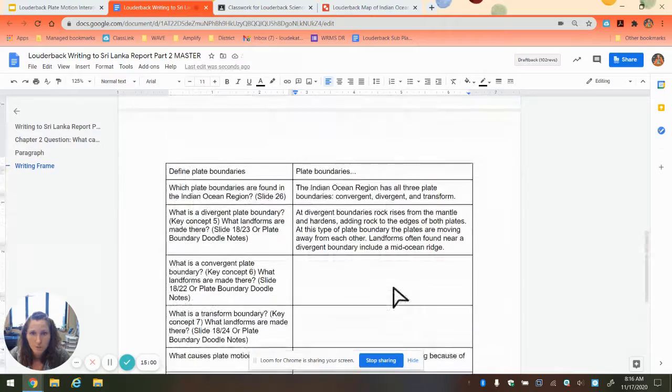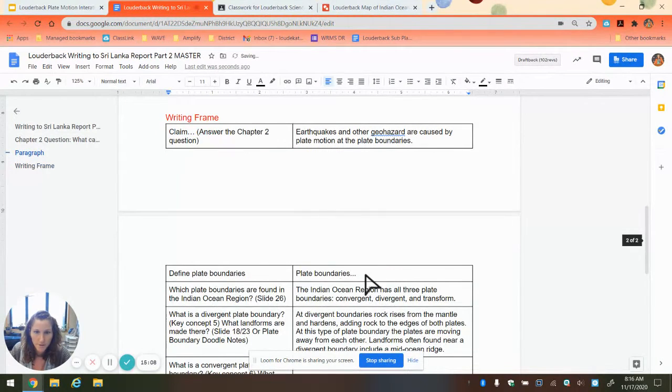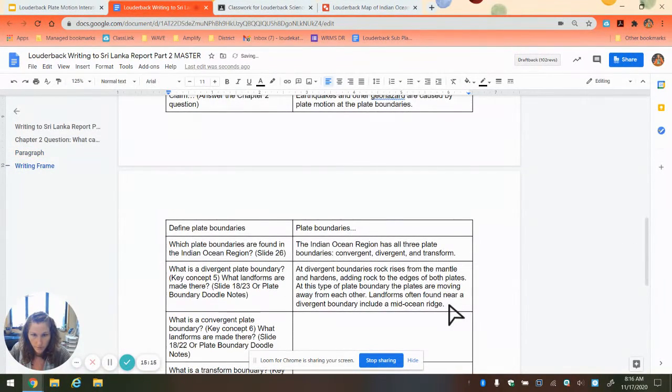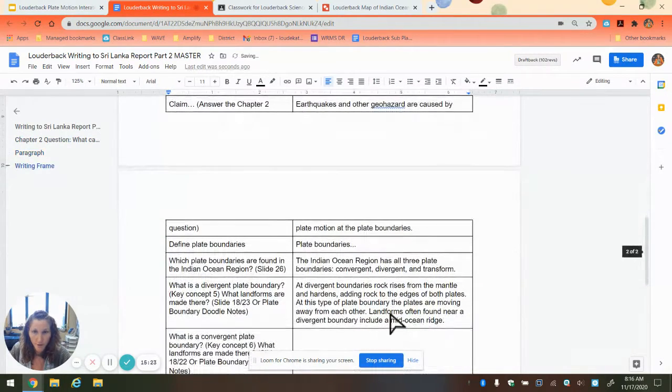Okay. Once you've done that, you do the same copy and paste of your sentences into the paragraph. I'm just going to add a few words here just to kind of reinstill the importance of this. I've had so many kids who aren't doing this, and then they have to go back through.